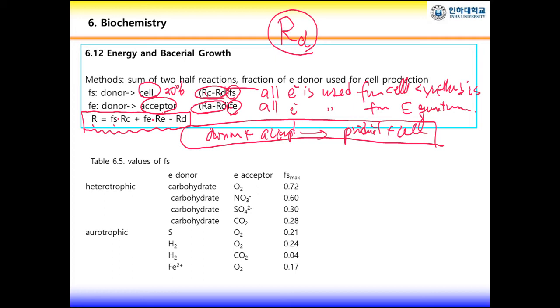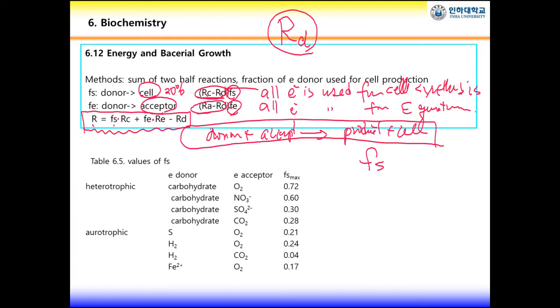Okay, the question here is how can you know this Fs value? Fs is the fraction of electrons from the donor used for cell synthesis.